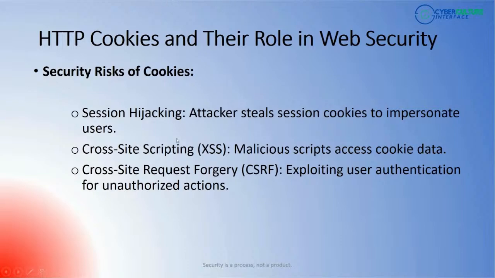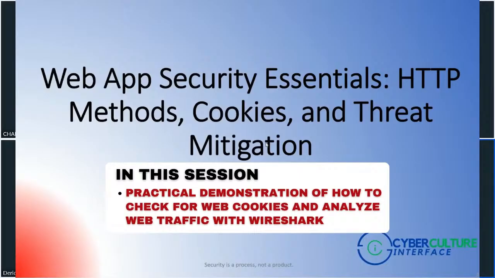Let's start with cookies. I need to stop this. Okay, so for cookies, what we need to do basically is to go to a web browser. You can be doing this also on your system.